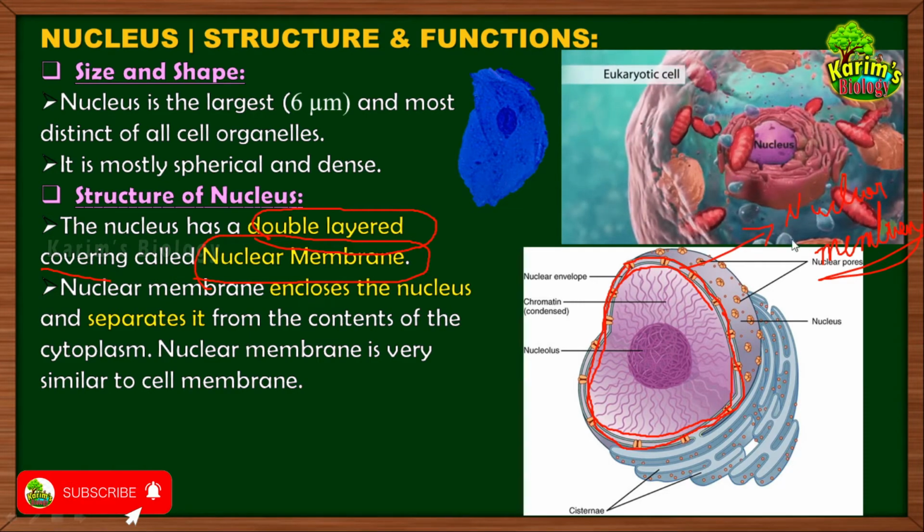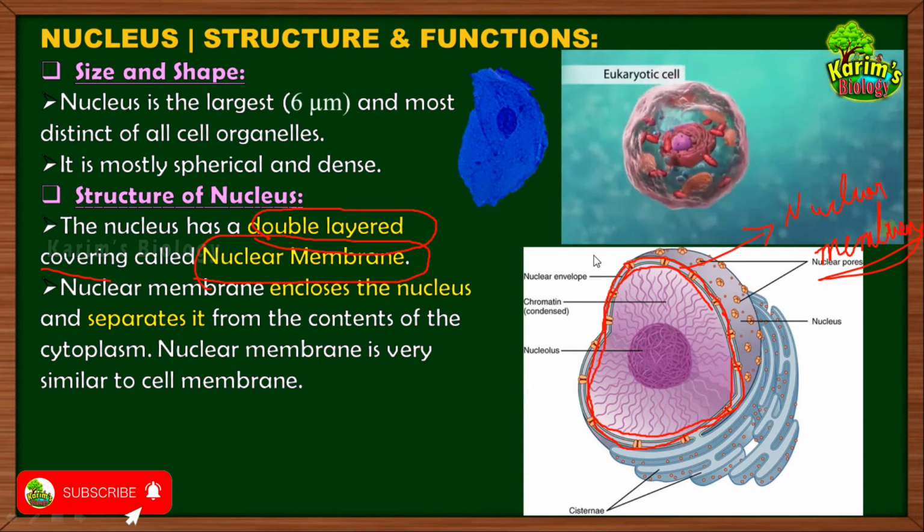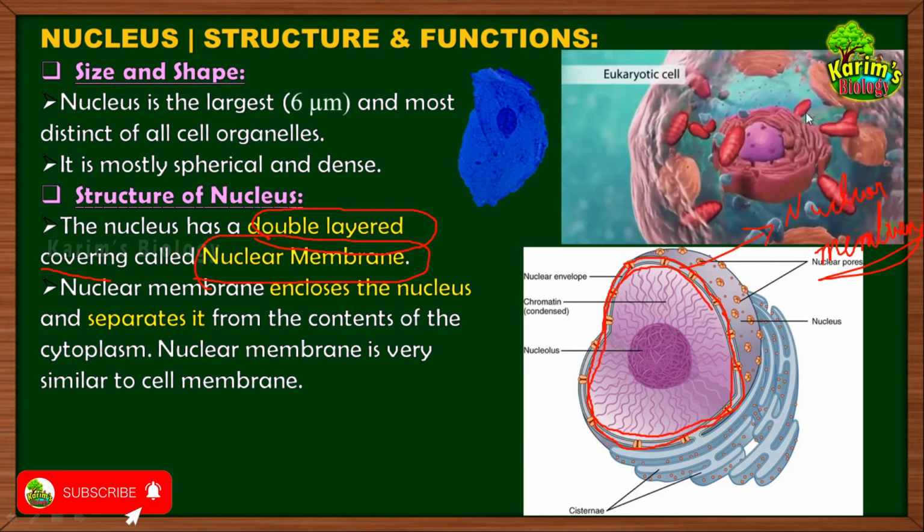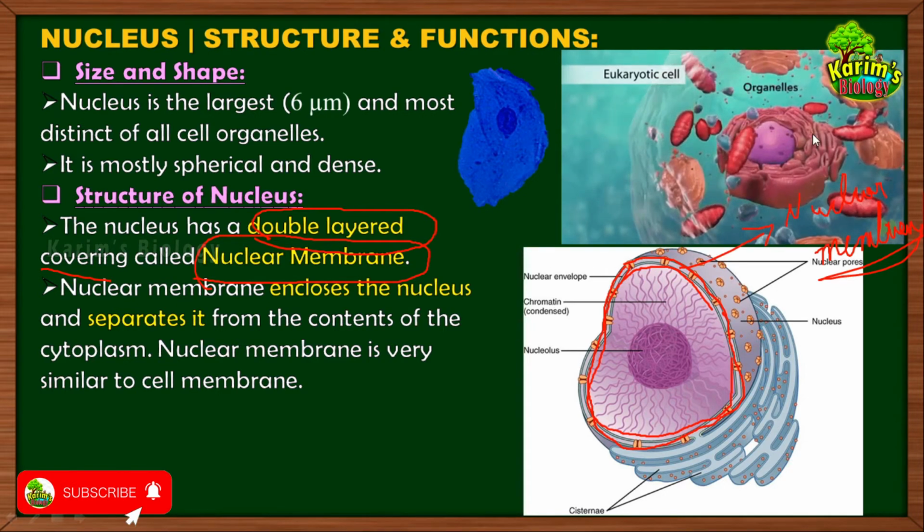Cytoplasm. Do you remember that the jelly-like substance present in the cell is the cytoplasm? So this is the nucleus, and around the nucleus there is a liquid part, right? This jelly-like substance around the nucleus, in which all the other cell organelles are present, is called cytoplasm. And what is the function of this nuclear membrane? The function is to separate the contents of the nucleus, that is the inside part, from the outside part of the nucleus.